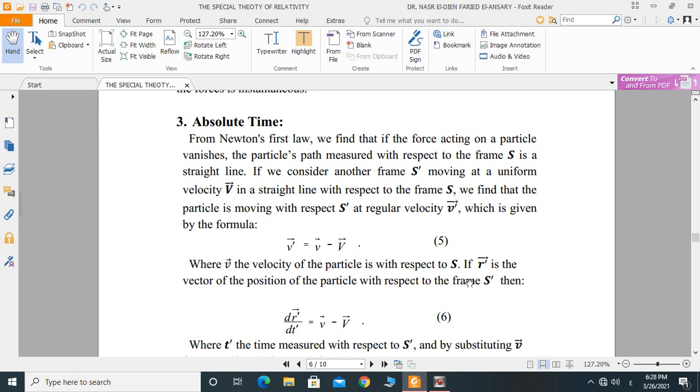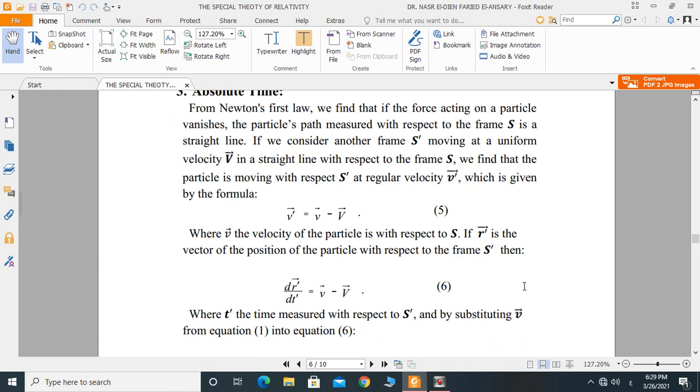If r dash is the position vector of the particle with respect to the frame S dash, then equation 5 can be written as dr dash by dt dash equals v minus capital V, where t dash is the time with respect to S dash.